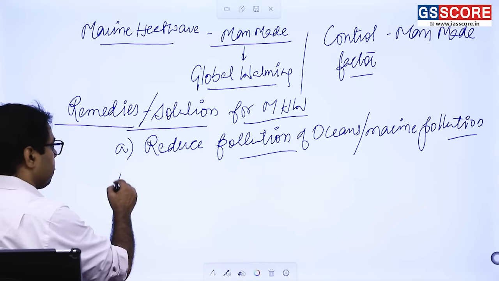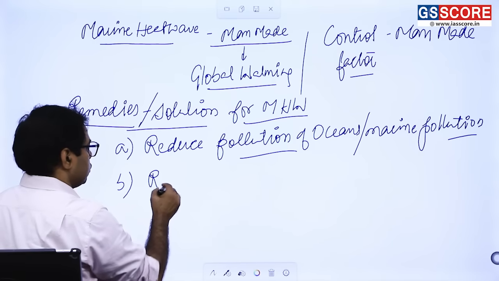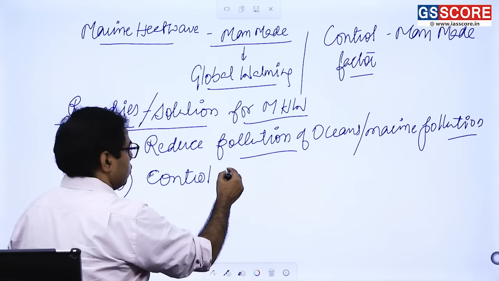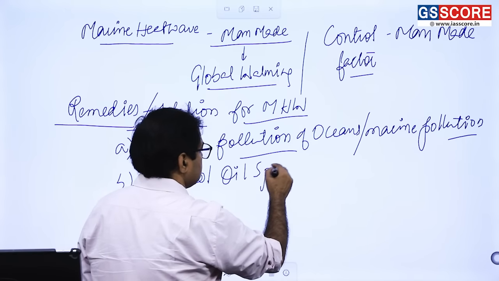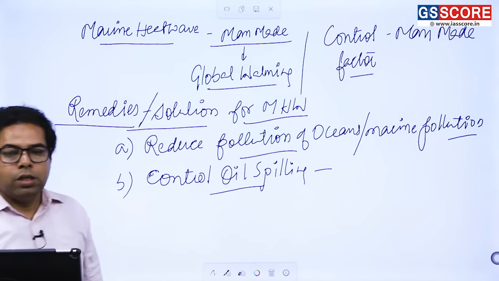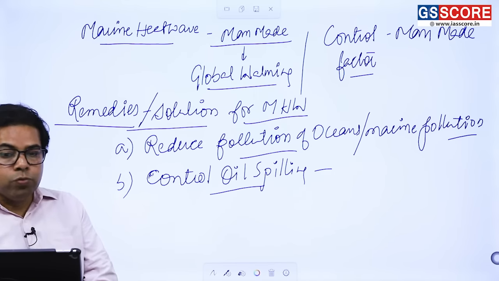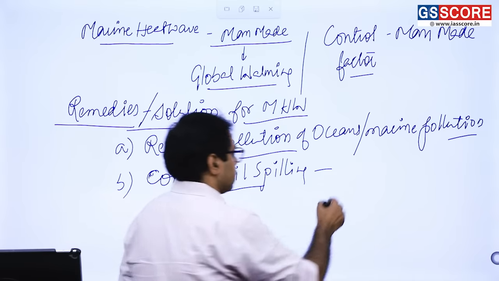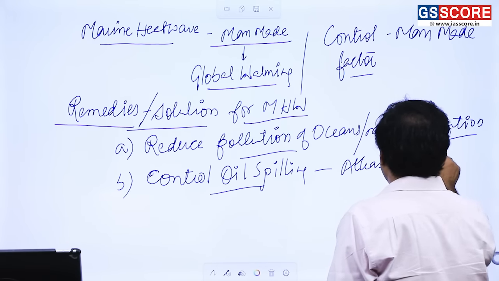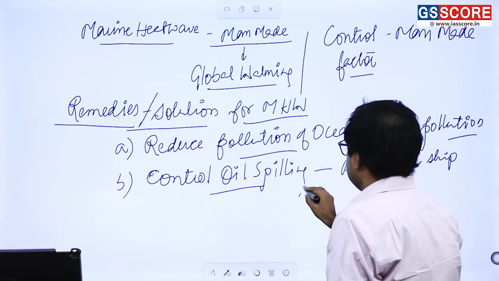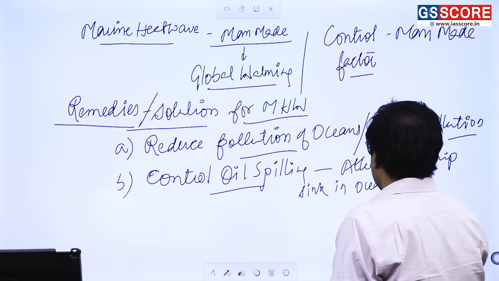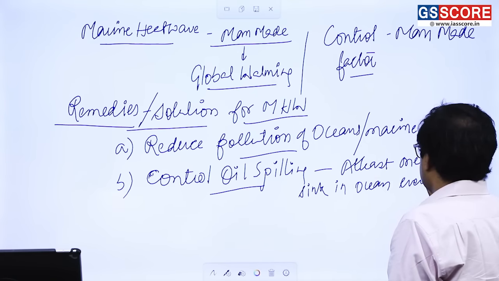Number two factor is, reduce or control oil spilling. According to a few recent studies, at least one ship sinks in the ocean every week.